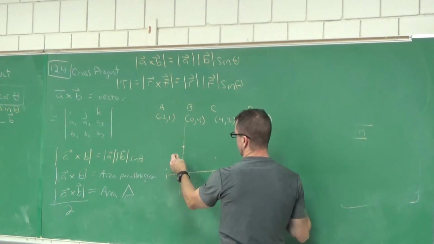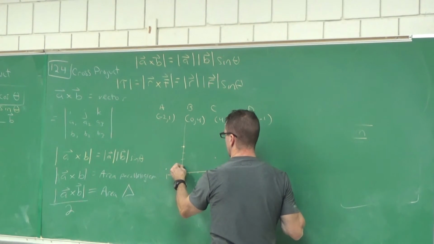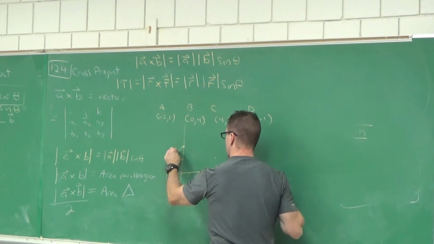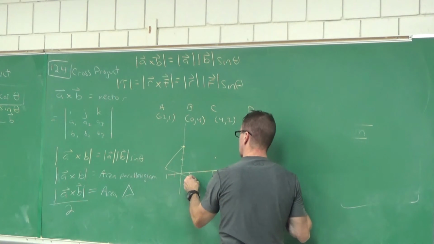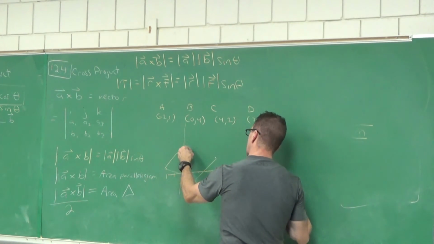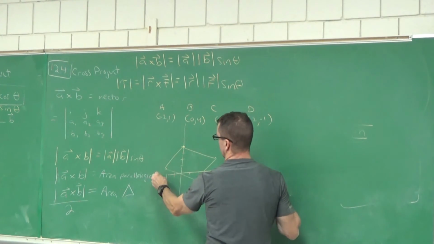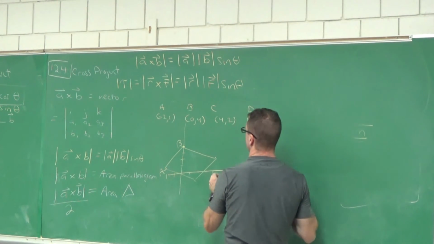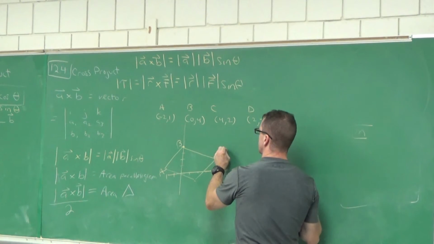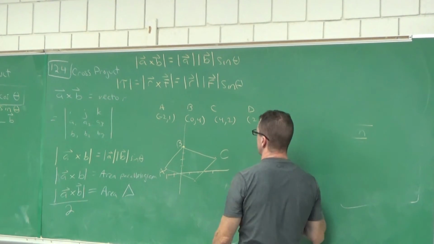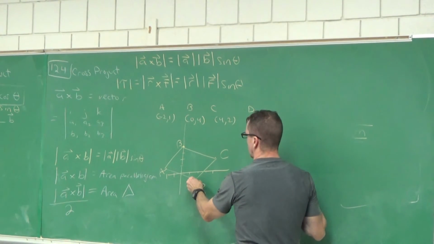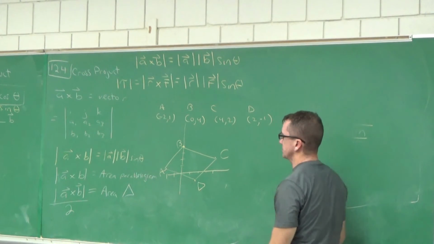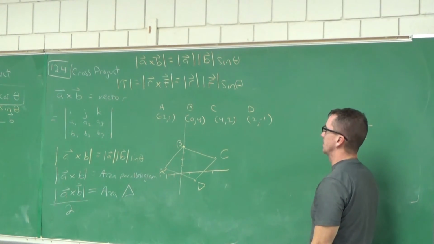So it looks something like this, right? Negative 2, 1, 0, 4, 4, 2, 2, negative 1. Not drawn to scale, but can you get the area of this parallelogram?